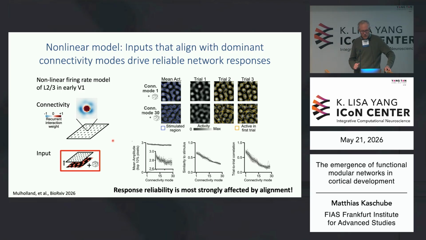In a linear model, you would think that when you drive the network with the best modes you can use, you get the most amplification in terms of activity. Here it's trial-to-trial variability that was most affected by whether and how you drive the input.